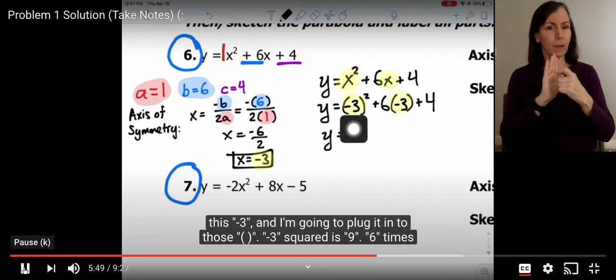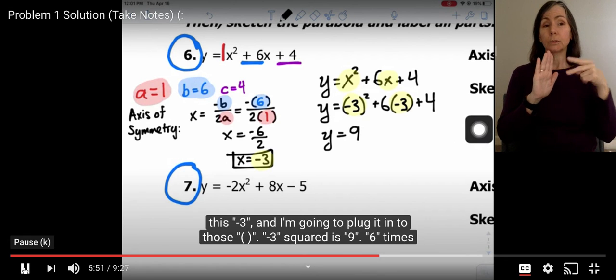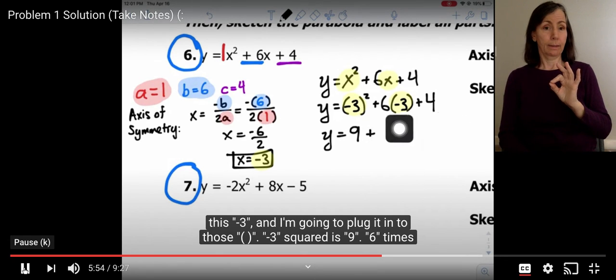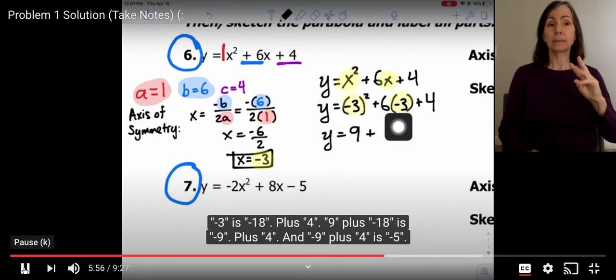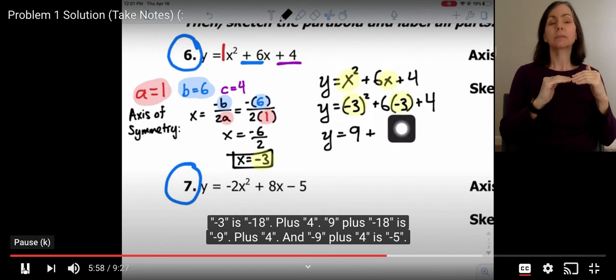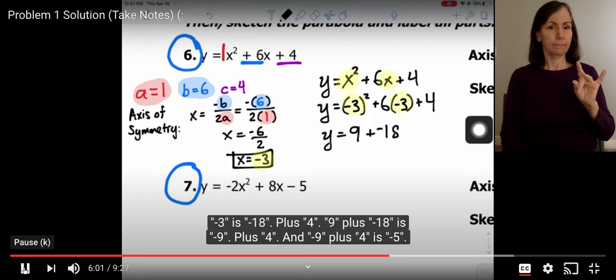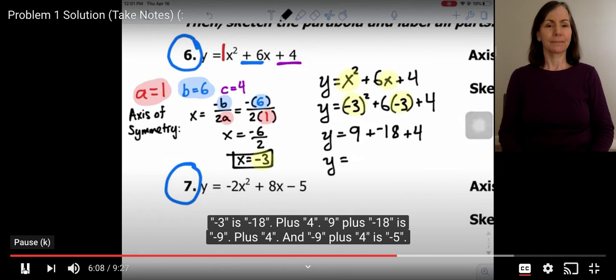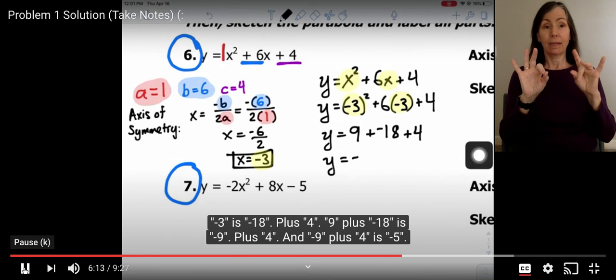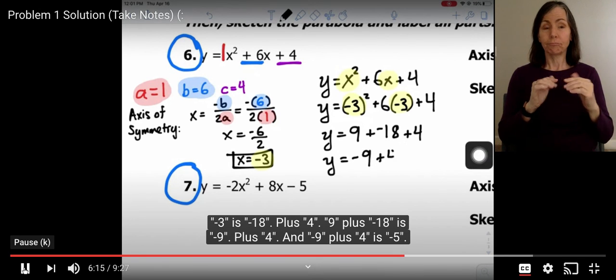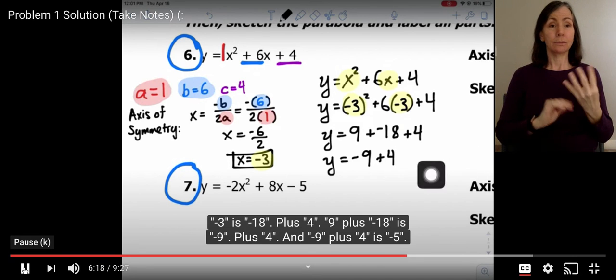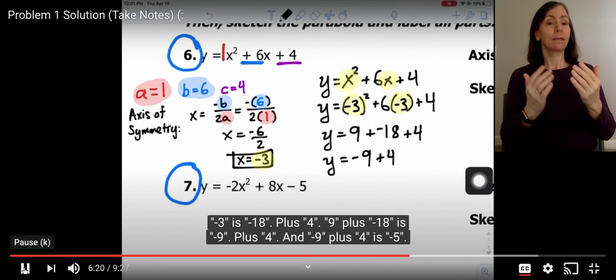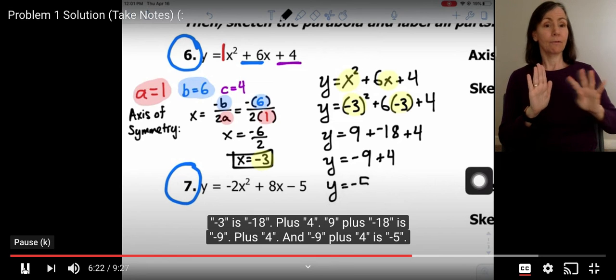Negative 3 squared is 9. 6 times negative 3 is negative 18 plus 4. Nine plus negative 18 is negative 9 plus 4. And negative 9 plus 4 is negative 5.